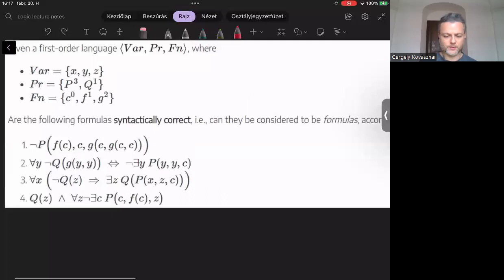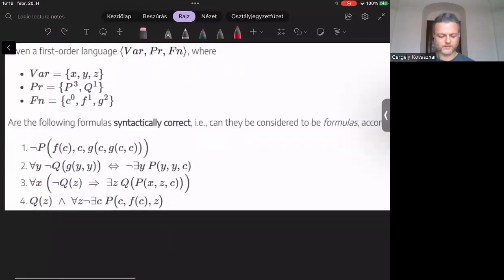And I'm also using the function G. So I'm calling G with 2 parameters here. You see, it's correct. And I'm also calling G here with 2 parameters, which is also correct. So we can say that, yes, the first string is a formula.